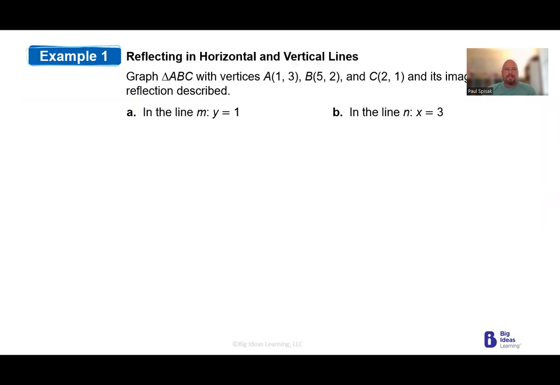On example 1 here, reflecting in horizontal and vertical lines.